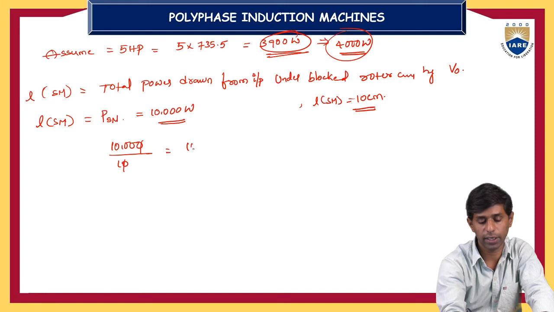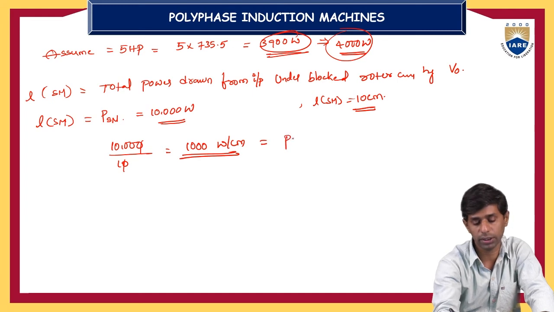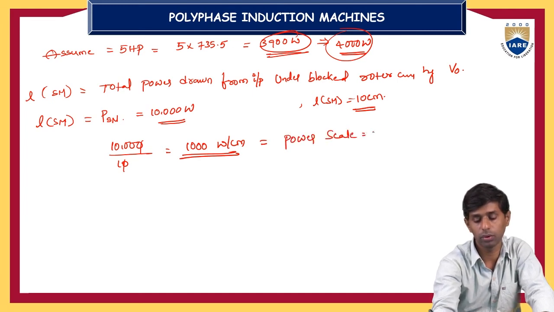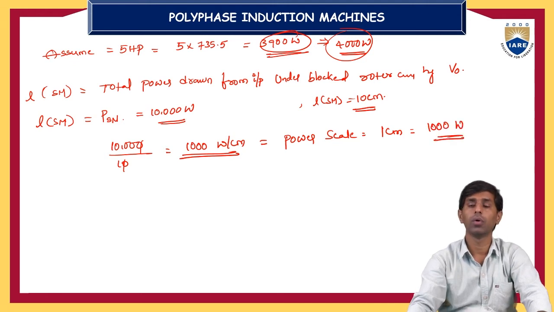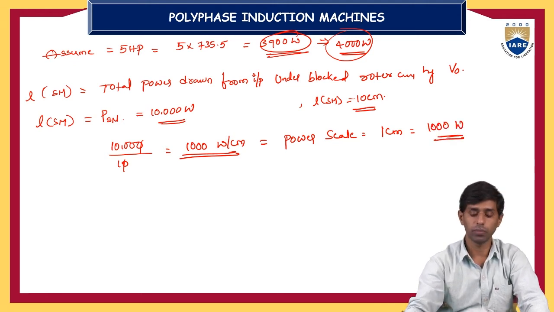This is 1000 watts per centimeter. That is on the vertical axis, the power axis. Power scale is equal to 1 centimeter on the y axis, that is the vertical axis, equal to 1000 watts.